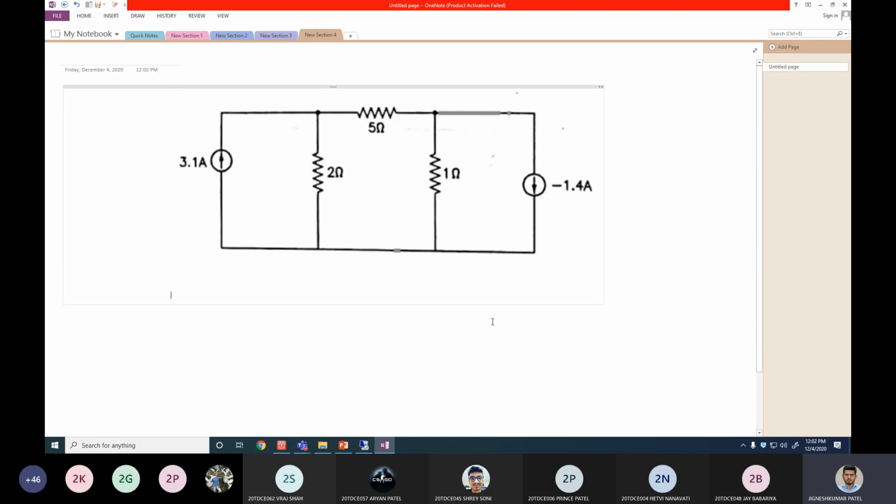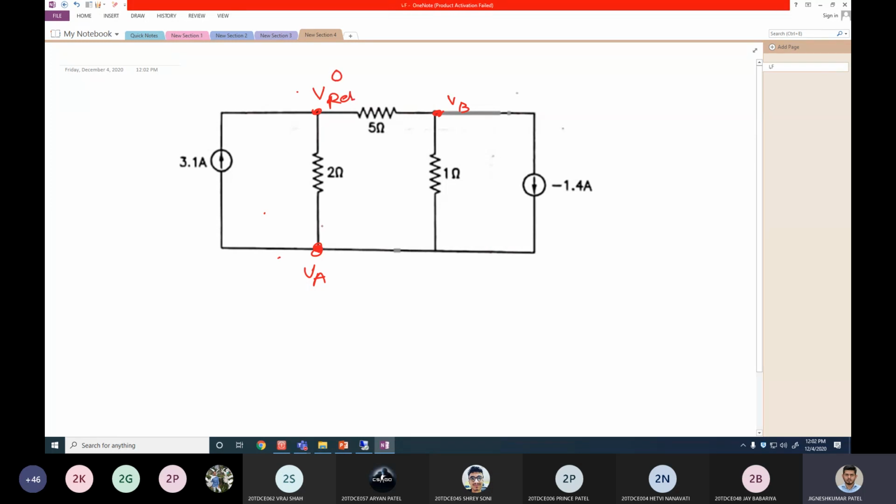Now suppose you are considering this as a node. Let us say this is VA and this is VB, and this is my VC or V reference. So this is zero potential.